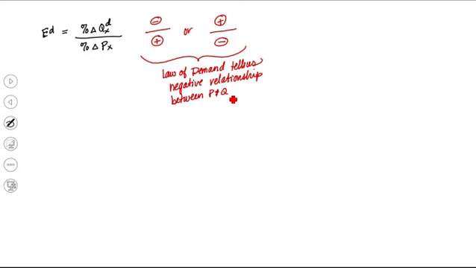The law of demand tells us that there's a negative relationship between P and Q. If one goes up, the other goes down. So what does that tell me, guys? Elasticity of demand is going to be what kind of number? It's going to be a negative number. So the calculation for elasticity of demand gives us a negative number.